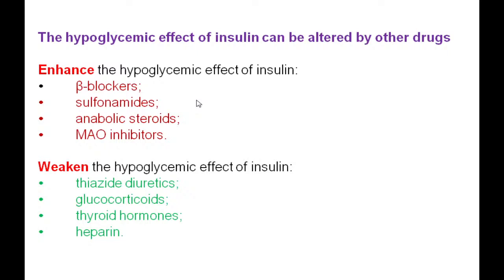And some groups weaken the hypoglycemic effect of insulin: thiazide diuretics, glucocorticoids, thyroid hormones, heparin. These are examples of drugs changing the hypoglycemic effect of insulin.